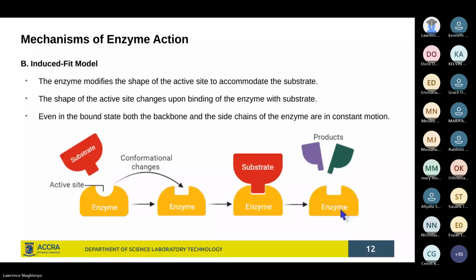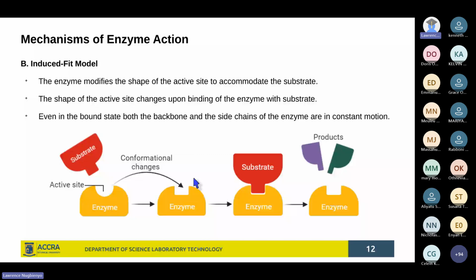So coming from the lock and key model, we have the induced fit model, as a modernization of that lock and key model, to say that what is actually happening is that a substrate induces the active center of an enzyme to fit, or a substrate induces conformational changes in enzymes, so that the enzyme now fits to the substrate to act.